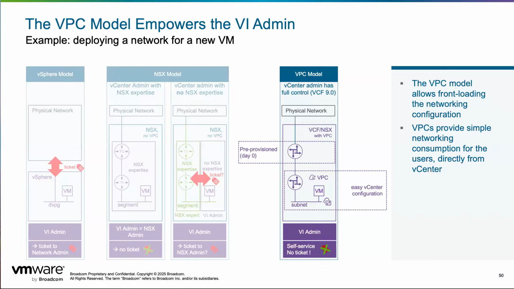If you don't have the network knowledge to do this, even if it's super simple, you have an expert that helps you at that time, and then you're done. You don't have to go back to it, and the application developer can still consume networking without you in the future. That's what makes the VI admin and the application developer independent from the networking team.